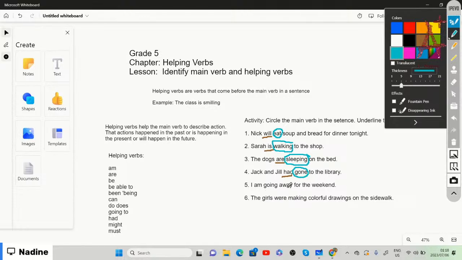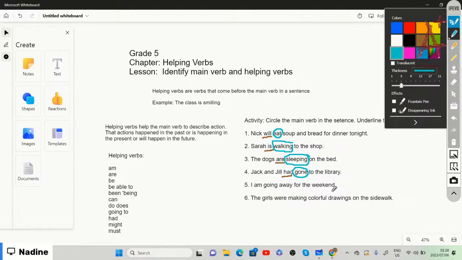I am going away for the weekend. We need to choose or circle the main verb, and we need to underline our helping verb, right?